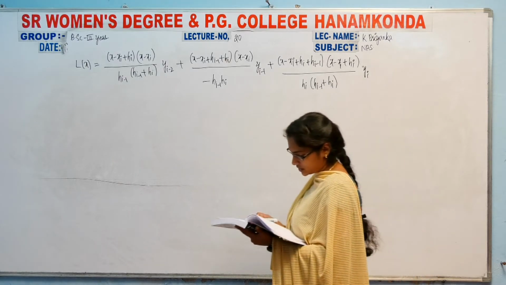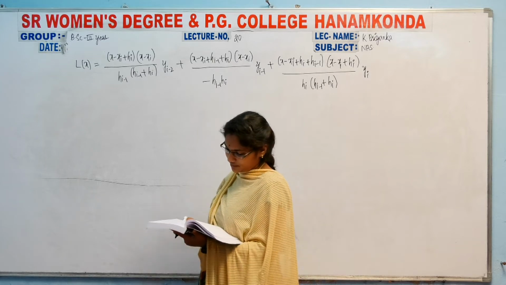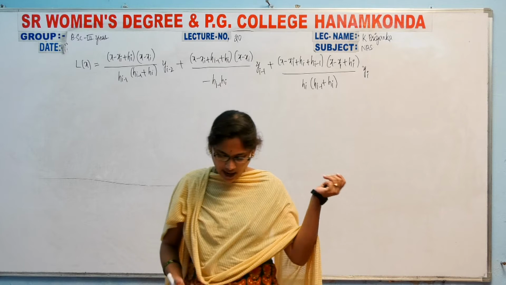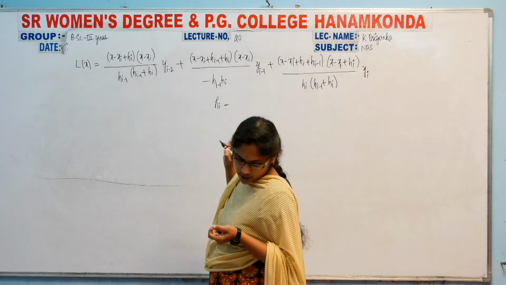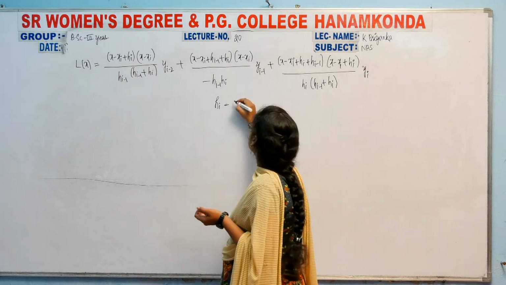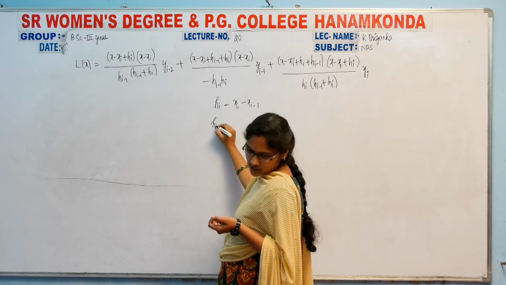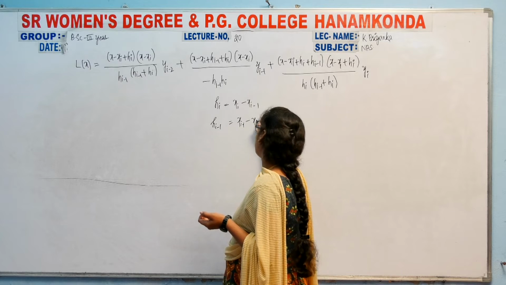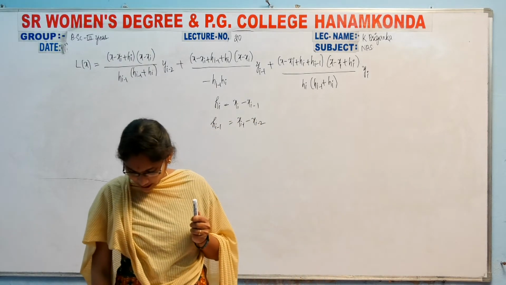So now this is the formula, where hi equals xi minus 1, hi minus 1 equals ... I already gave this one before. If you have written it, then no need to write it now.